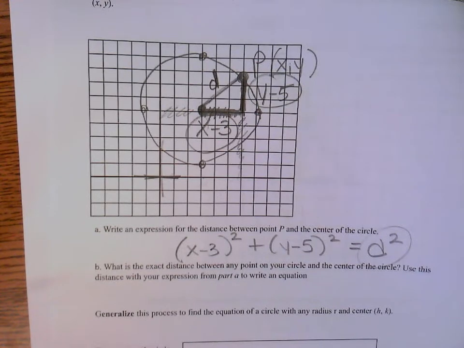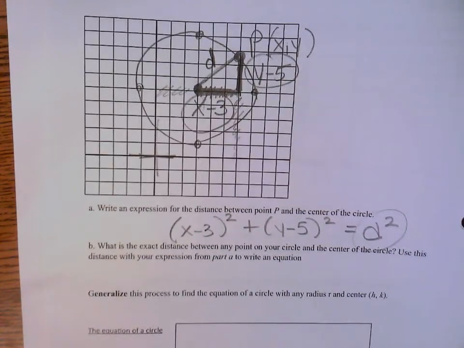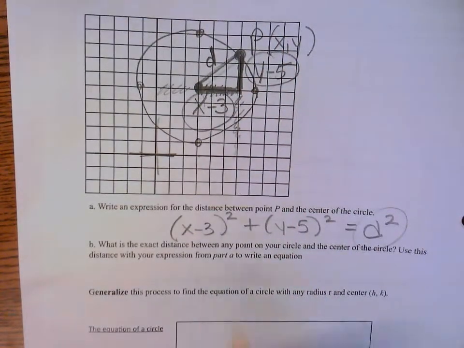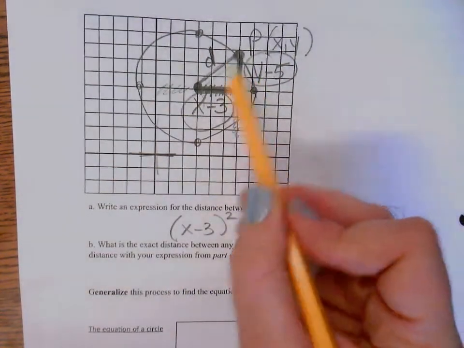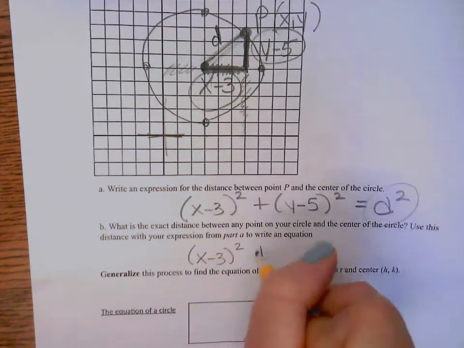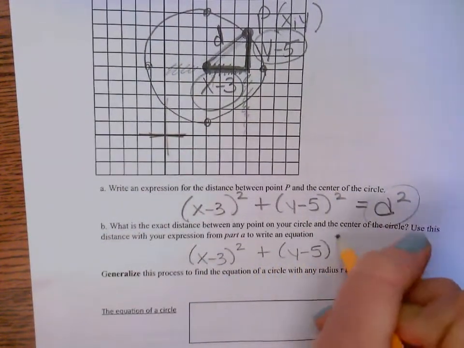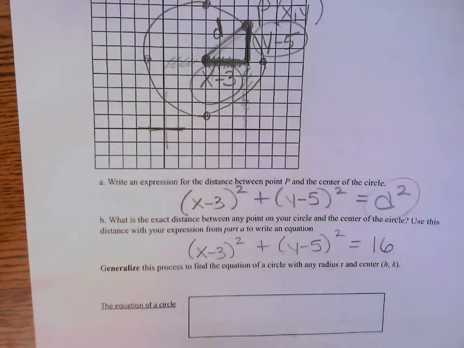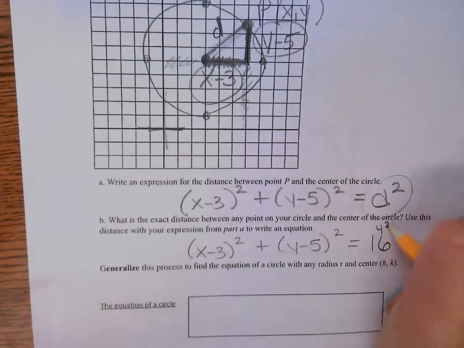And then we know that the hypotenuse, the radius, was 4. So the exact distance is 4. So we could just rewrite this: x minus 3 squared plus y minus 5 squared is always going to be equal to 16, because 4 squared is 16.